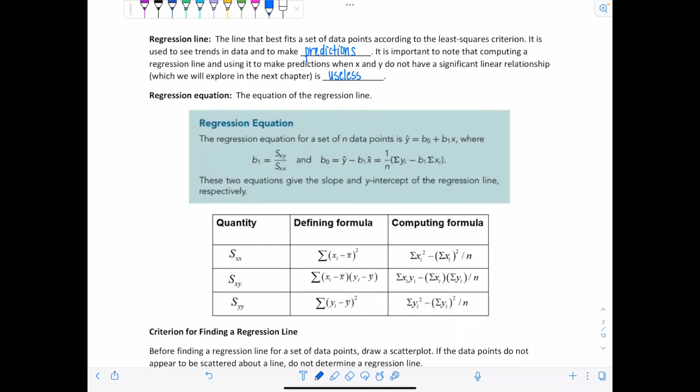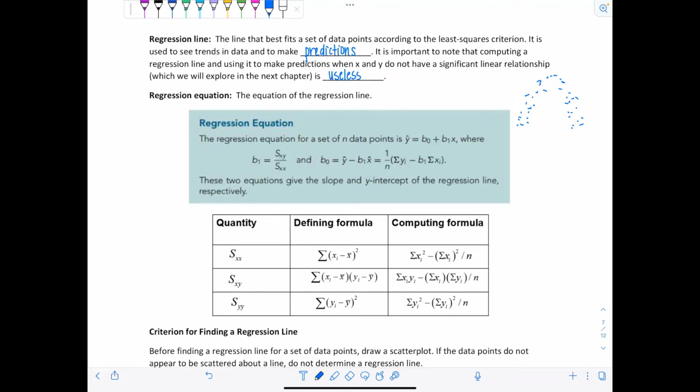But that doesn't mean that it's meaningful, especially if your data doesn't look linear. You might have data that's parabolic in nature, and it'll go ahead and give you a regression line, but it wasn't appropriate. So you have to make sure you use this method appropriately.